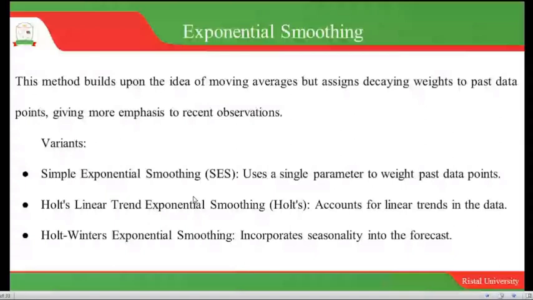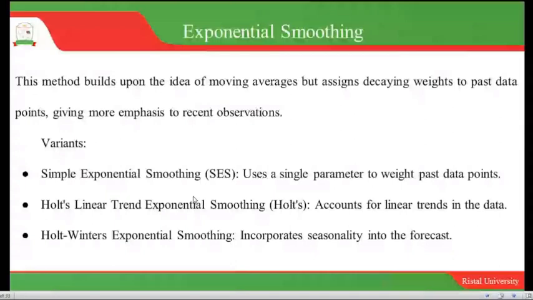For this, we are going to use a single parameter to weight past data points. So our single parameter could be the number of patients that we will be serving. Or, because we have served so many, a single parameter could be us focusing on patients who are suffering from a specific disease. Could it be diabetes, and so on and so forth.